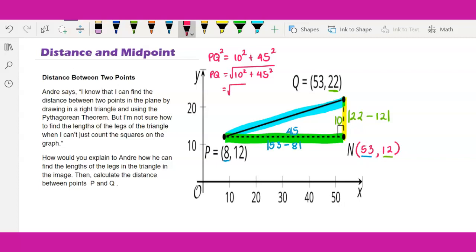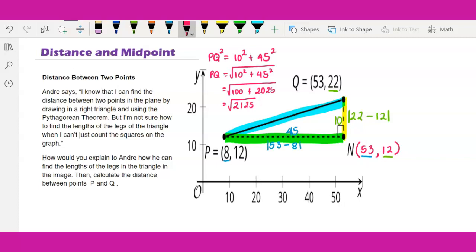Simplifying that, it is the square root of 100 plus 45 squared, which is 2025. That's going to be equal to the square root of 2125.